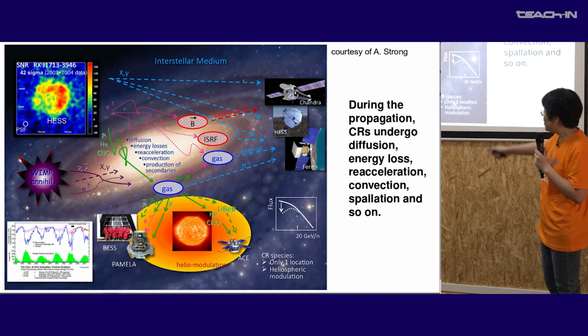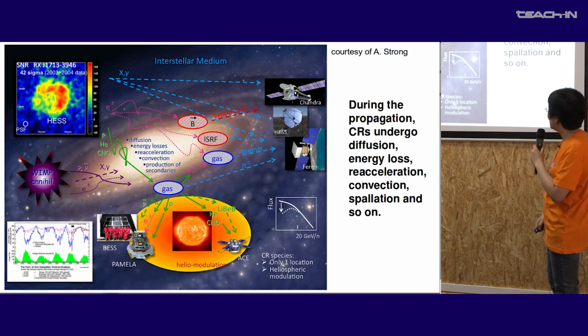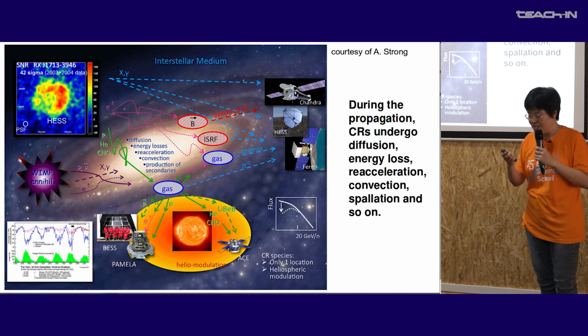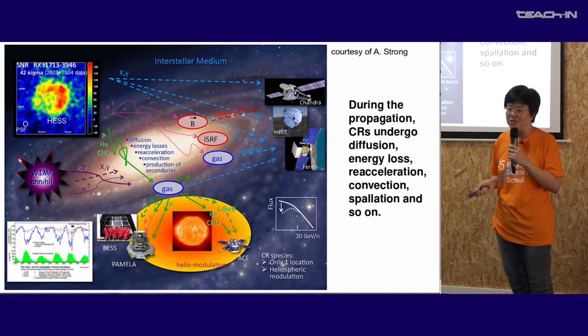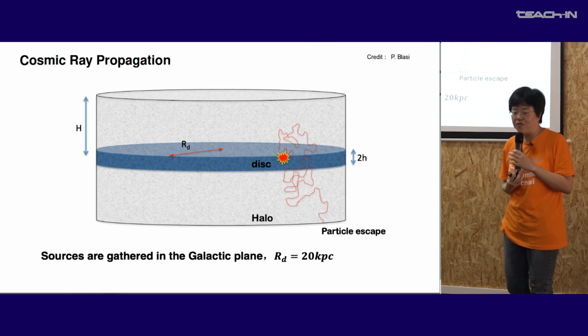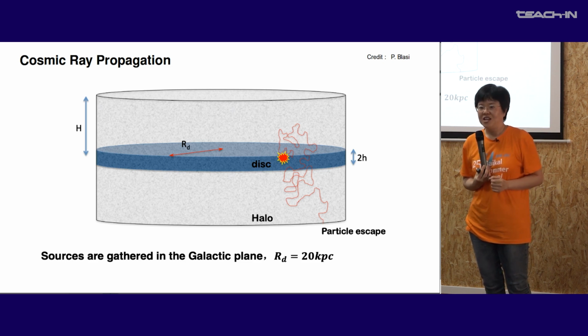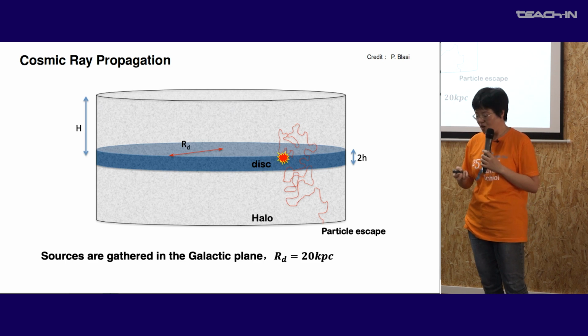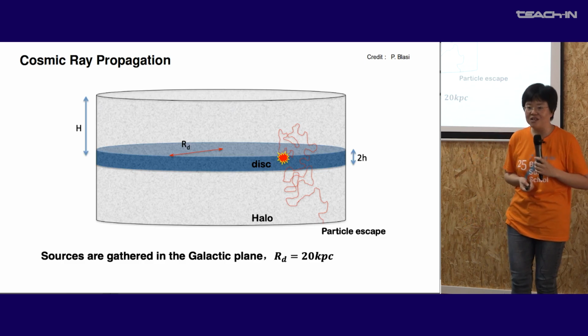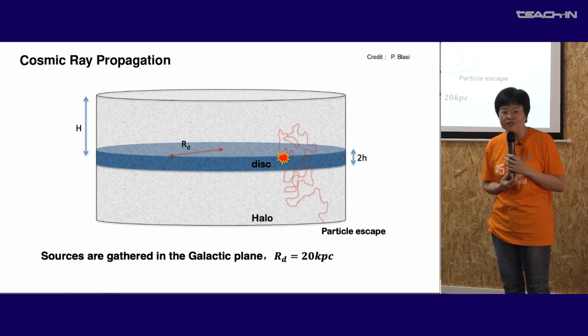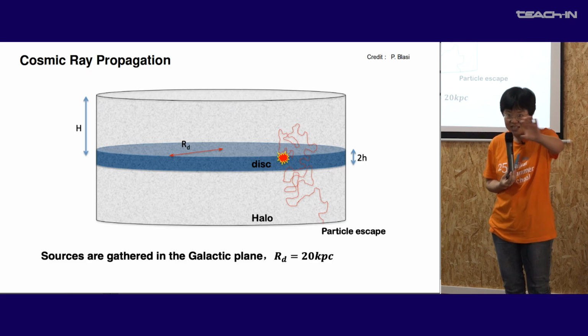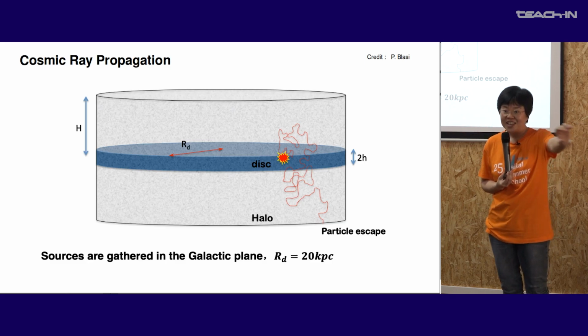So if we do the calculation, we kind of know what happened, and we can perform a simulation. Before we do the simulation, let's make a geometry model, for example of the size of our galaxy. Most of the sources are located in the galactic plane, right?